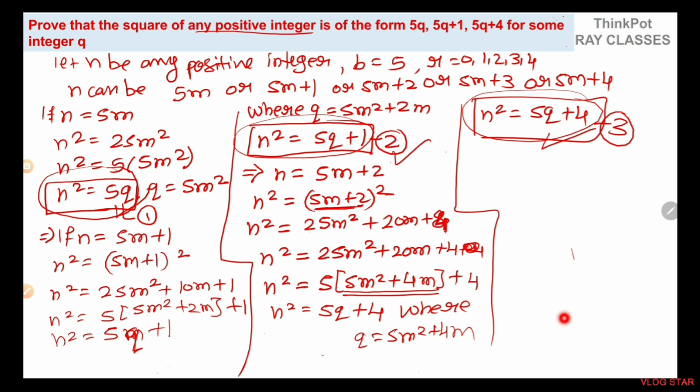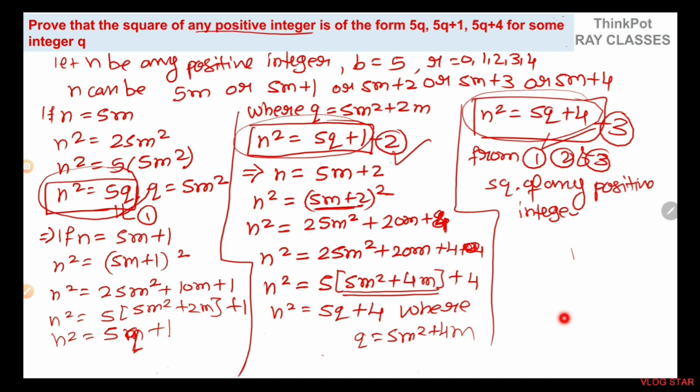So what we can say here is that from 1, 2 and 3, the square of any positive integer is given in the form of, as per the statement, 4q, 4q plus 1, 4q plus 4 for some integer q.